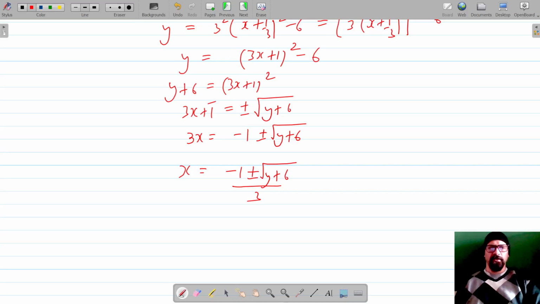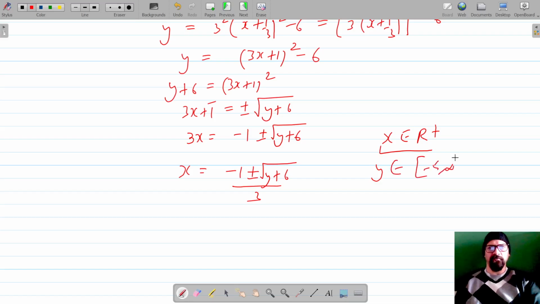Now we are going to prove that, when x belongs to all non-negative real numbers, here we have x that belongs to all non-negative real numbers, and here y, we are given that y belongs to minus 5 to infinity.